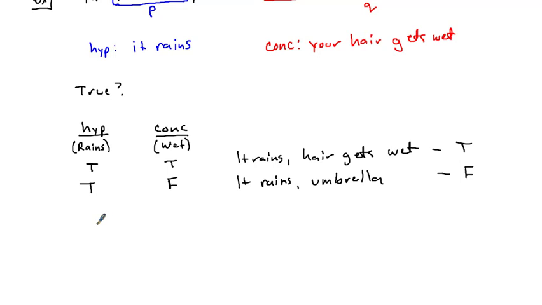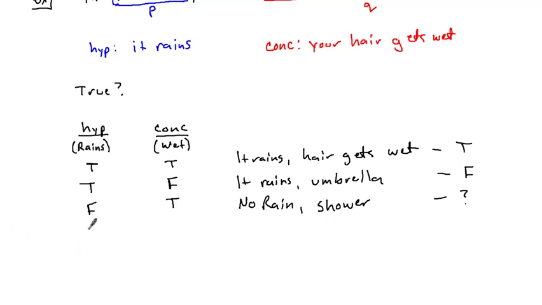Now let's go to the rain. Let's say it doesn't rain, right? Doesn't rain, false. We started out false. Well, could your hair still get wet? I think it could, right? So no rain, but took a shower. So does that make our statement true, or does that make our statement false? And we're going to leave that with a question mark for right now.